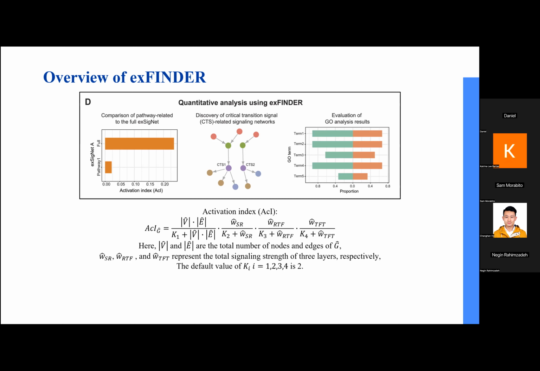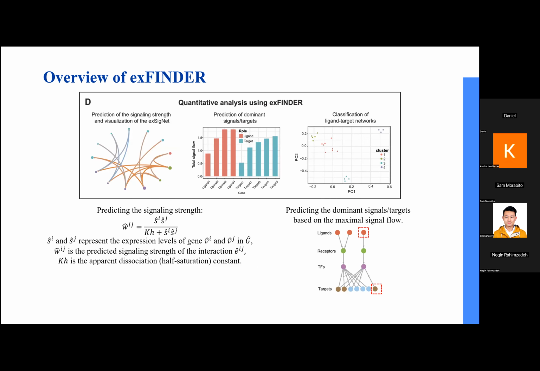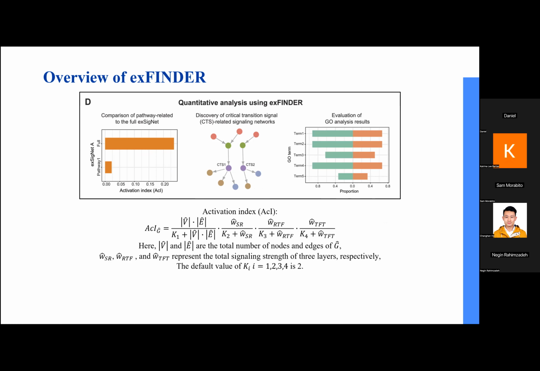For each term, we have a complete gene list, and we compare these genes to our network, and then keep evaluating the top 5 GO analysis results. So these three parts are the main analysis parts for exFINDER.